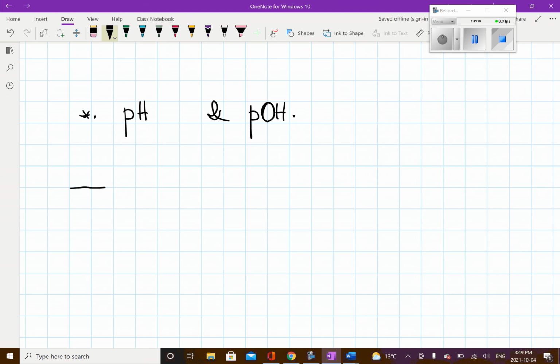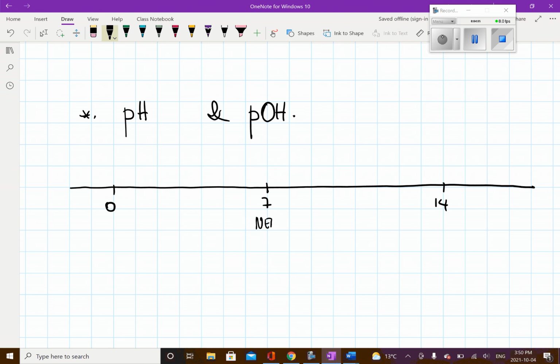It is a scale that goes 0 to 14, where 7 is neutral. By the way, it goes beyond 14 and beyond 0.